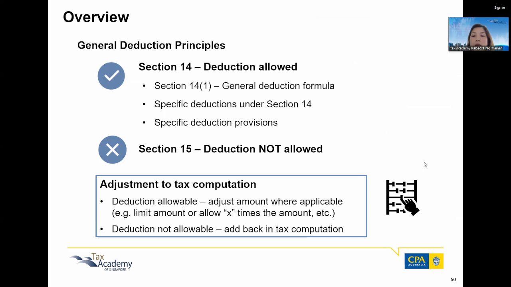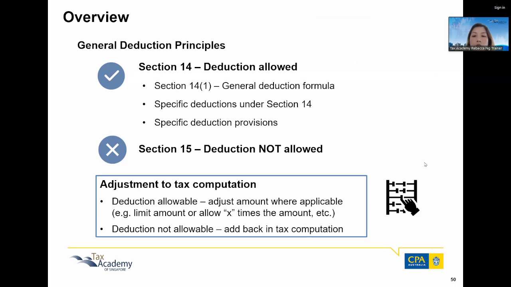They also provide some of the deductions that are not covered under Section 14(1), for example research and development expenses or further deductions, or Section 14N deductions like renovation and refurbishment expenses. Then coming to Section 15, it will tell us what expenses are not allowable for deduction.